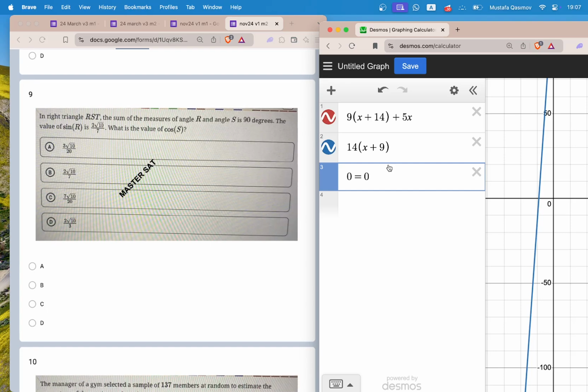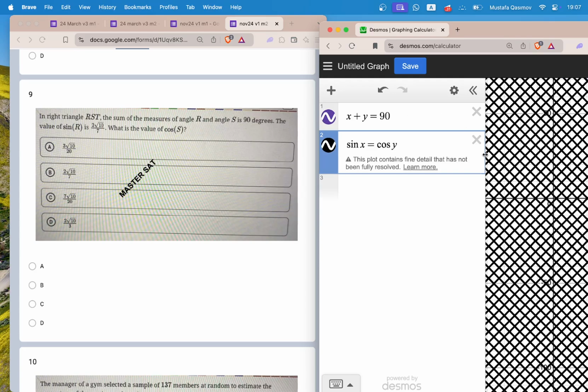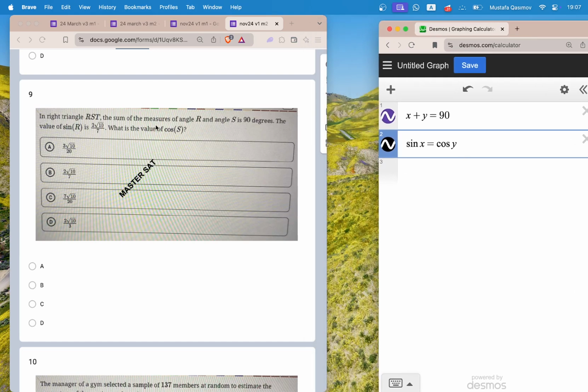Okay, 9. For trigonometry, the most important thing in SAT is when x plus y is equal to 90 degrees, sine x is equal to cosine y. So here, because the sum of the measures of angles R and S is 90, it means that R plus S is 90.